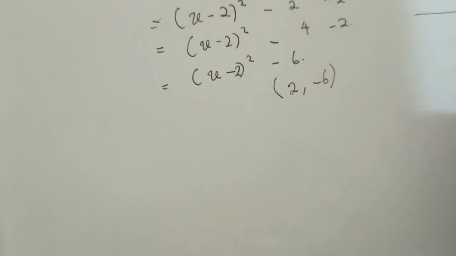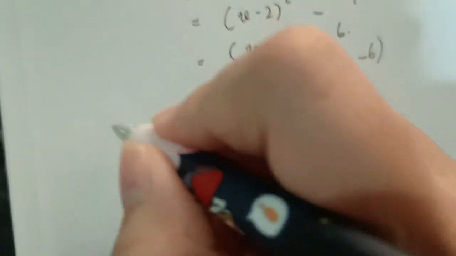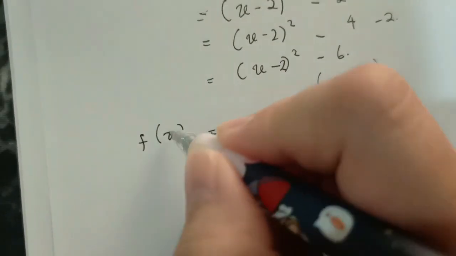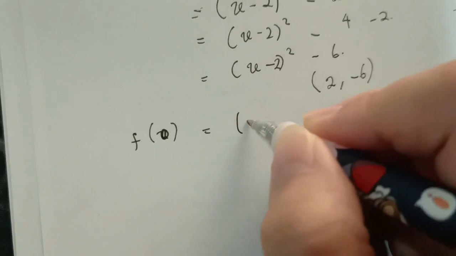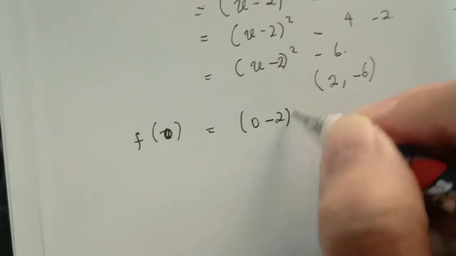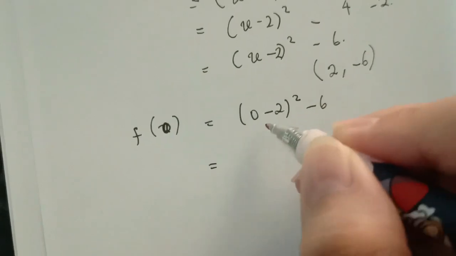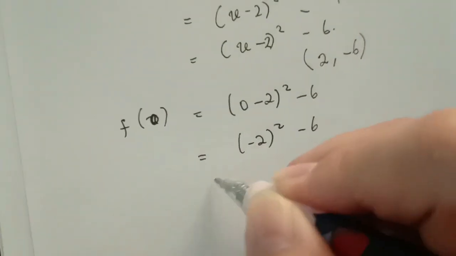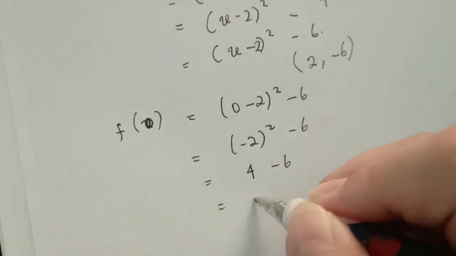If it is 0, let's try x is 0. (0 - 2)² - 6. 0 minus 2 is minus 2, squared, minus 6. It is 4 minus 6. It is minus 2.